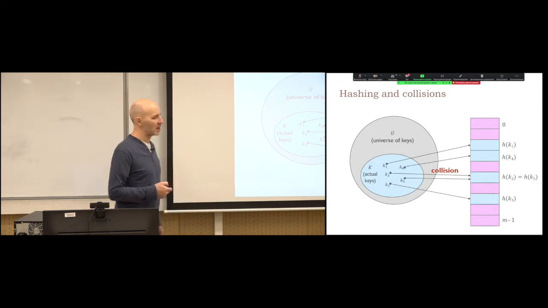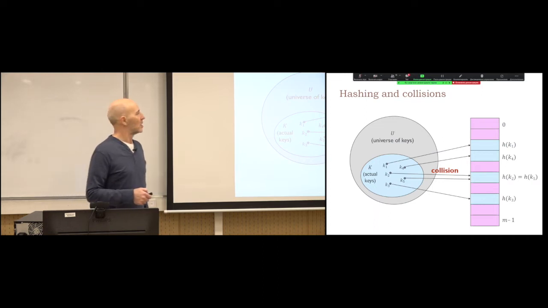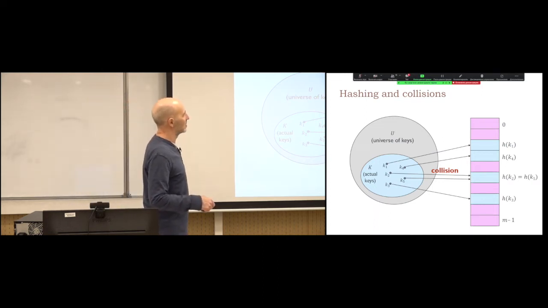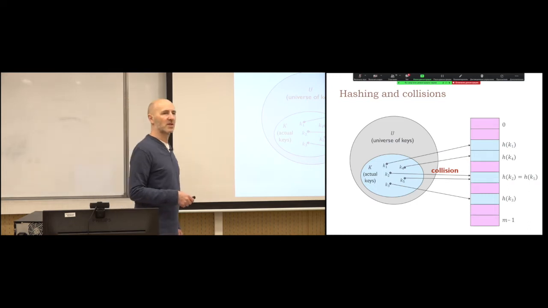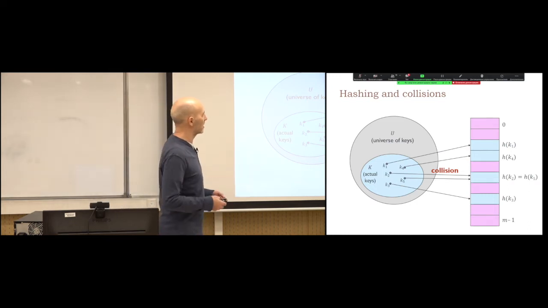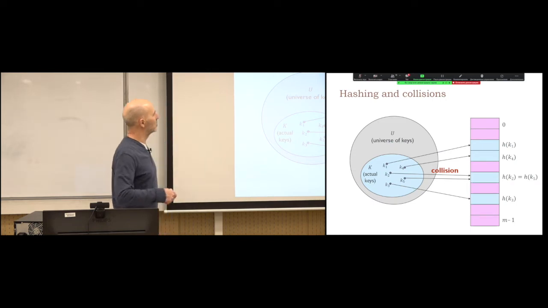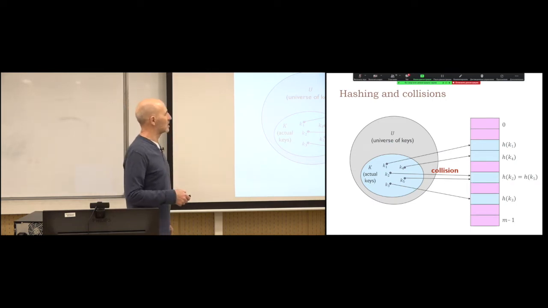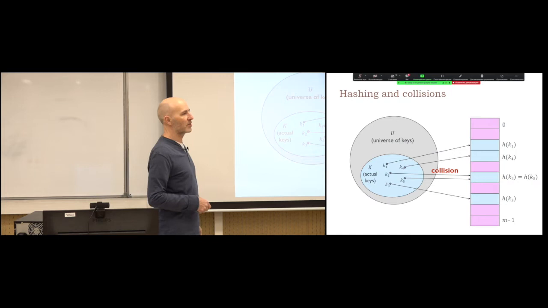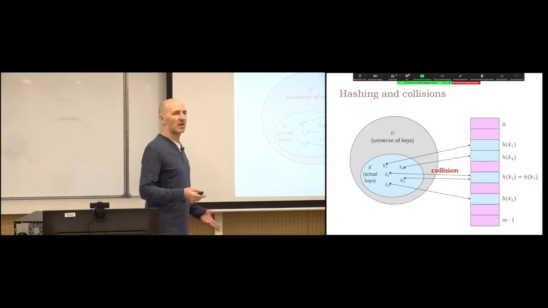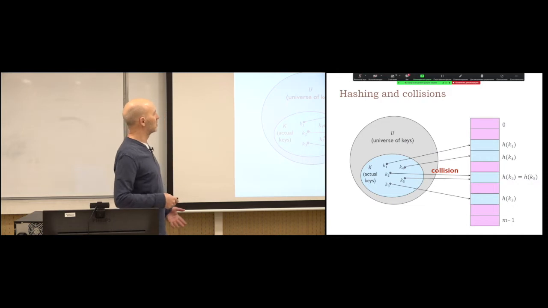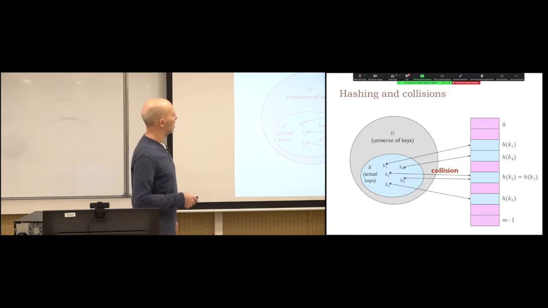The main problem of hash tables is collisions. Collisions mean that several objects can map to the same entry of the hash table, and this is of course unavoidable because we have a huge universe and a small hash table. By the pigeonhole principle, it is always possible that many objects map to the same bucket.